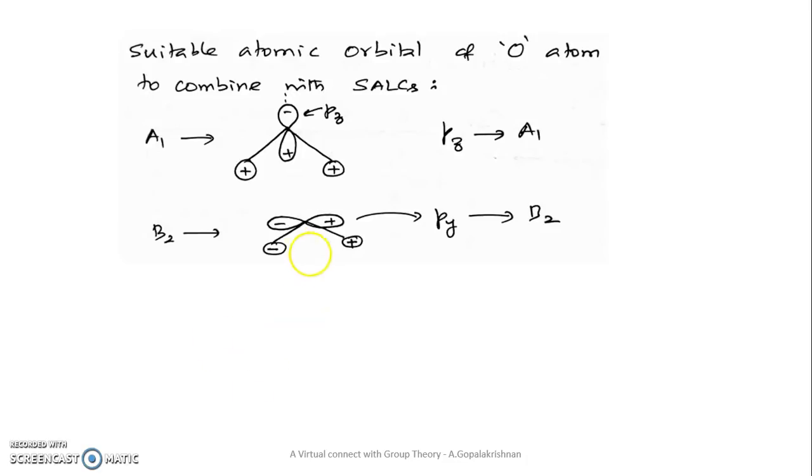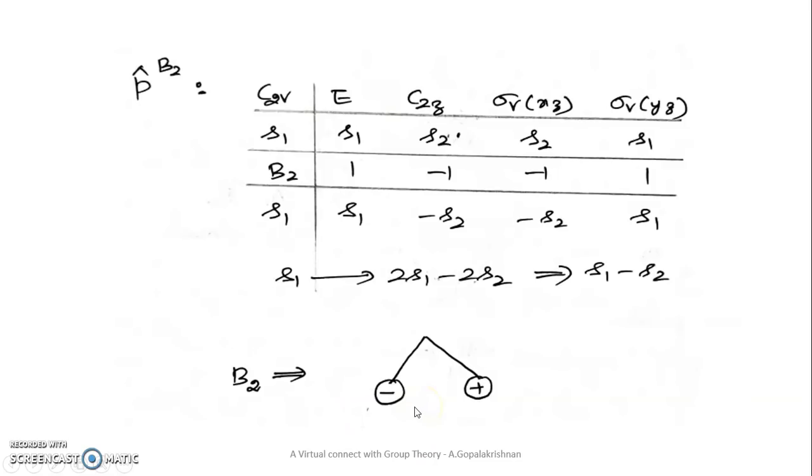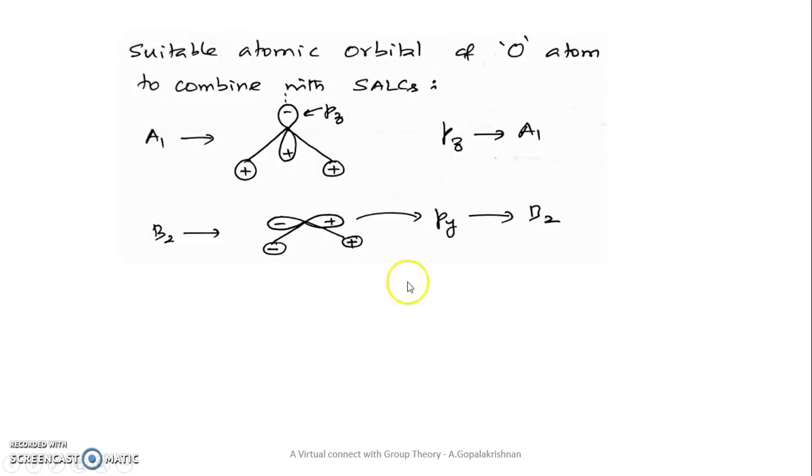So what is the first group orbital? This is the first group orbital where the signs of the two s orbitals are positive. So we have to choose a suitable atomic orbital of the oxygen atom that can form a molecular orbital with this group orbital. Listen now, since these orbitals are here, I am choosing a pz orbital.